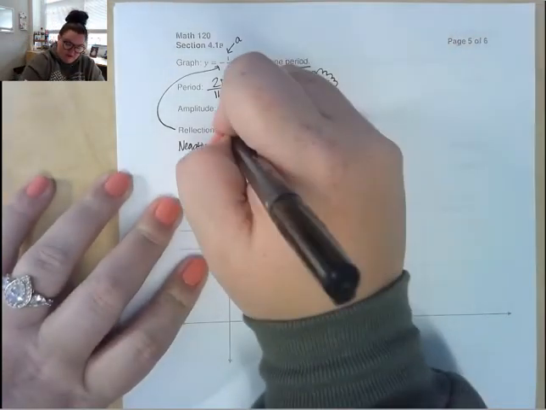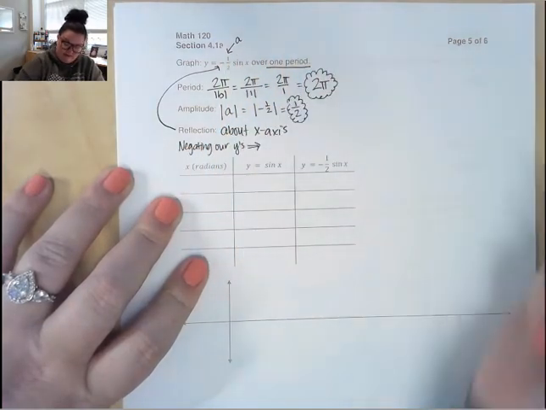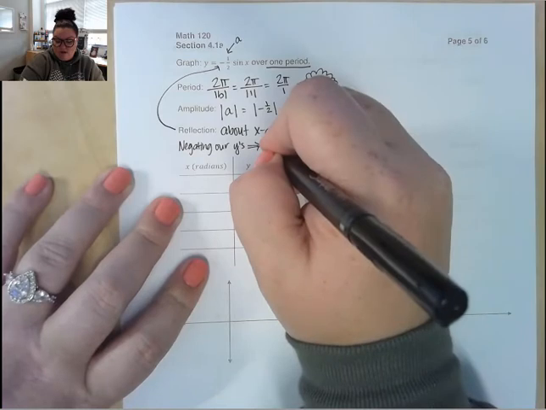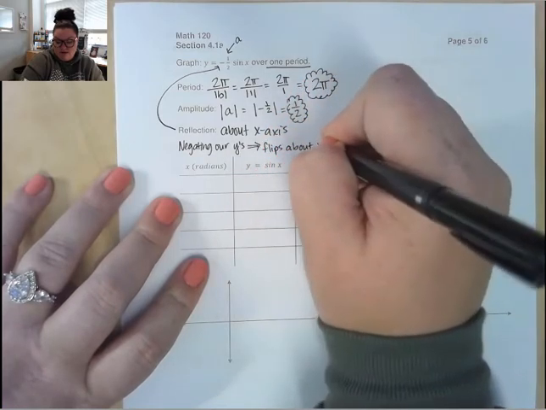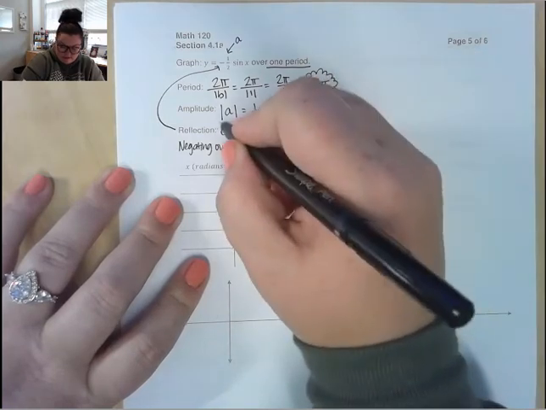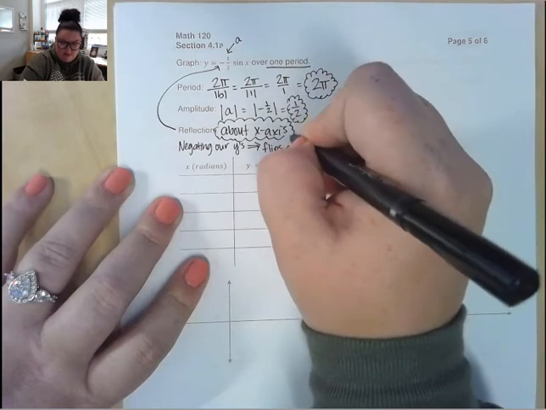So this is a reflection about the x-axis. Negating our y's flips about the x-axis. Sorry, I kind of squished it in there.